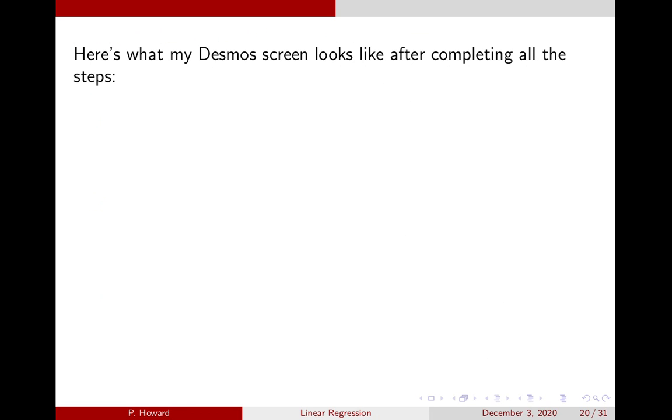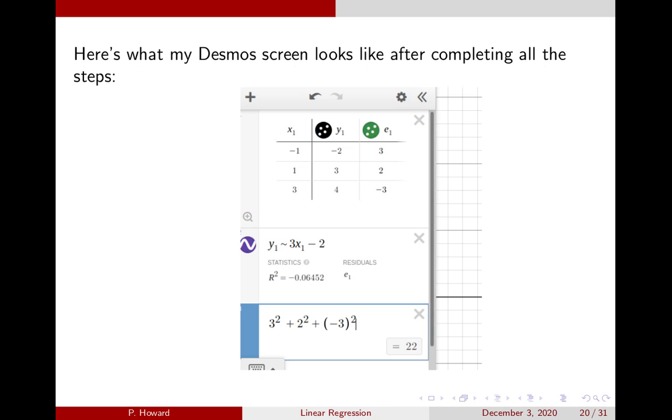Okay, here's the Desmos screen after doing those steps. So here, as before, in calculation box 1, I have entered the 3 points. In calculation box number 2, I have entered y1 tilde 3x1 minus 2. And here where the word residuals now appears was where the button labeled plot occurred.